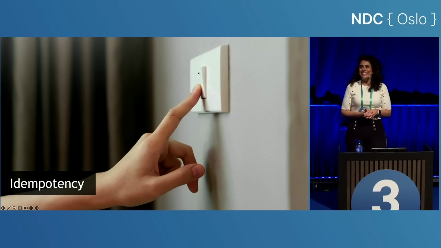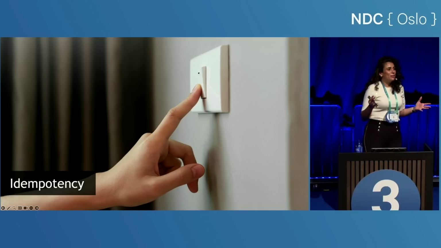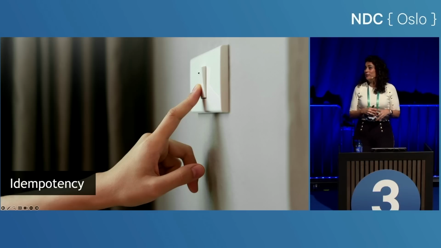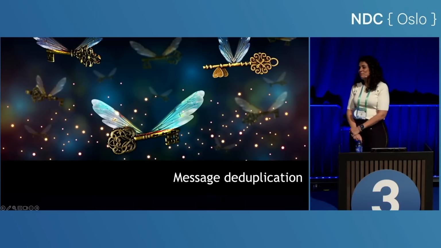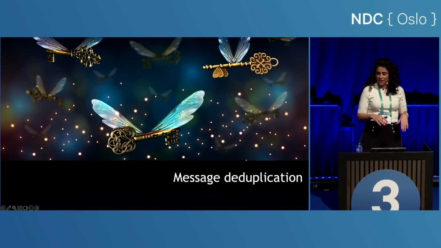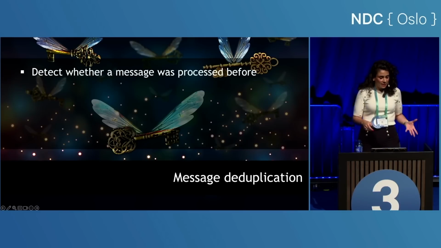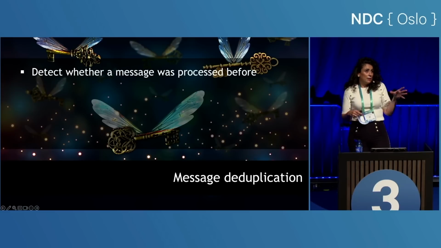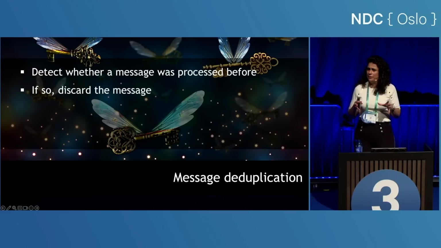In a system, a bit harder, right? And what do we do with difficult problems? We avoid them. And that's why we have message deduplication. So message deduplication is a mechanism that will allow you to detect whether the incoming message has already been processed before, right? So the idea is basically that if we see, oh, we've already taken care of this, then we'll just throw it out. We've already done this.